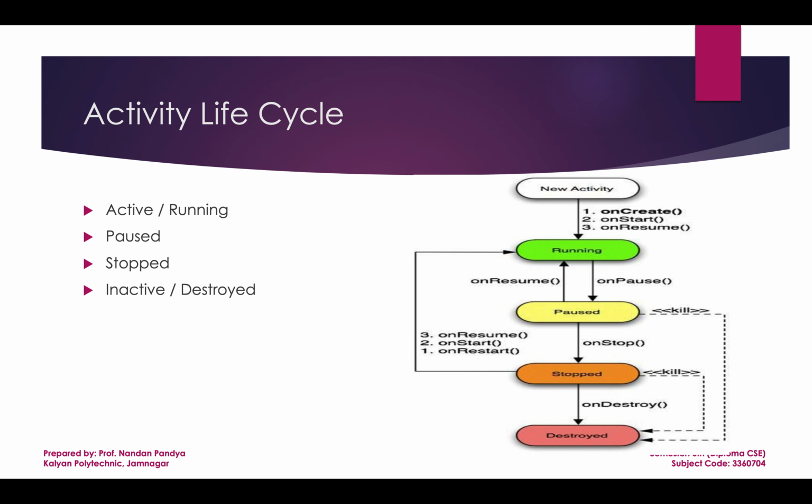Like a human, an activity has a life cycle which indicates the state of our designed activity. These states are active or running, paused, stopped, inactive, or destroyed. Consider we are loading our application on the mobile and the application is started. Then this state is known as the running or active state.